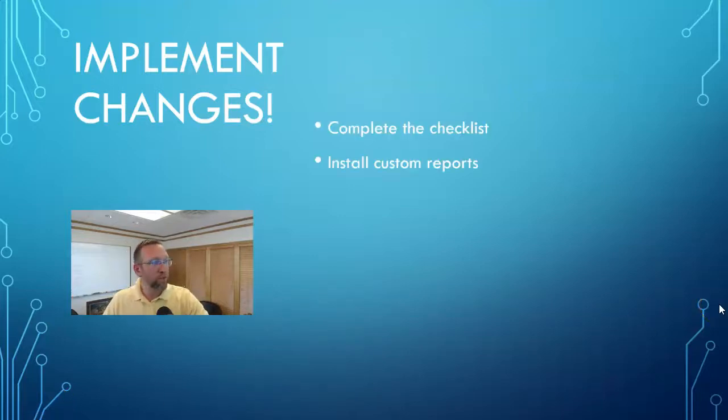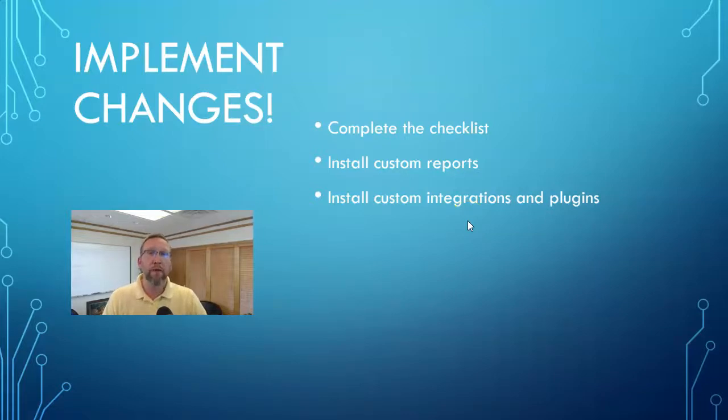Some of these improvements may include installing a custom report. Oftentimes we find that the inventory software program is inadequate and needs to be enhanced some way, or maybe an integration to another software program needs to be created to pick up the slack. That might have been the cause of the first implementation's failure or undesirable results. Oftentimes, custom reports and custom integrations solve the problem.